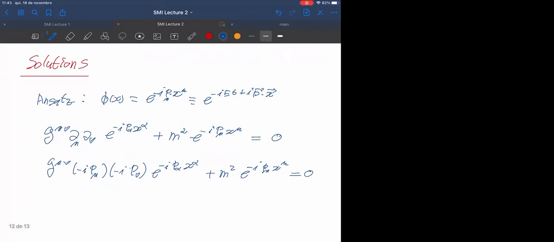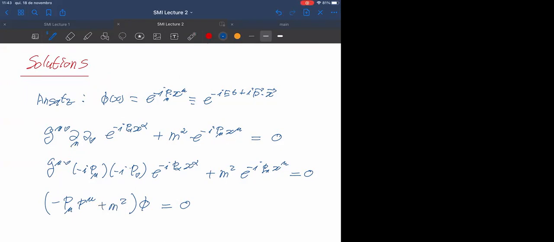Right, but this is no more no less than minus. So we have g mu nu, so minus p mu p mu plus m squared phi, which is recasting phi by this exponential ansatz, equal to 0.